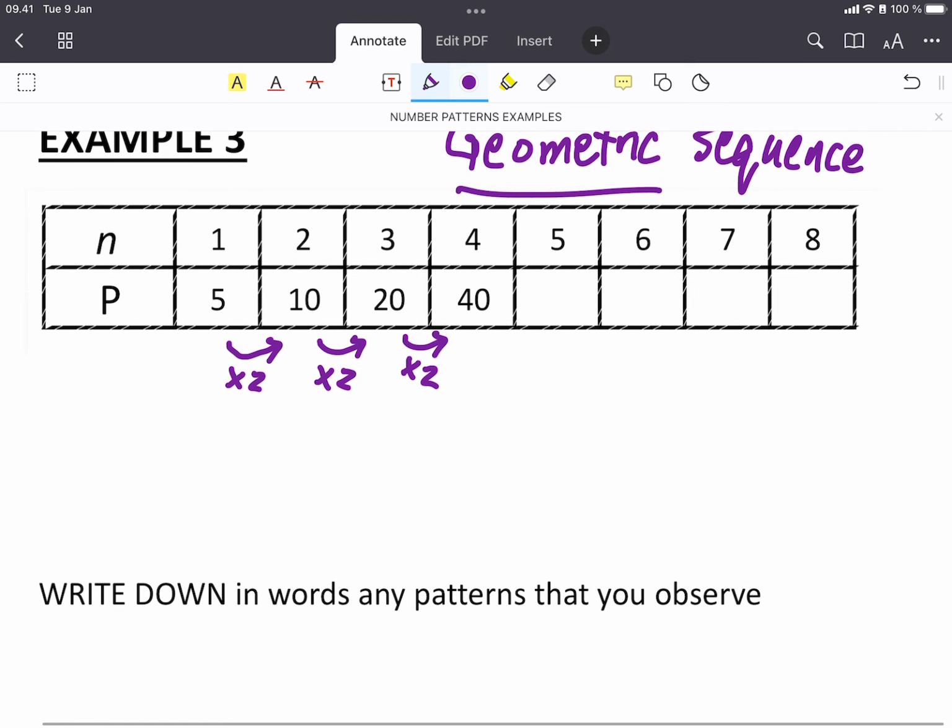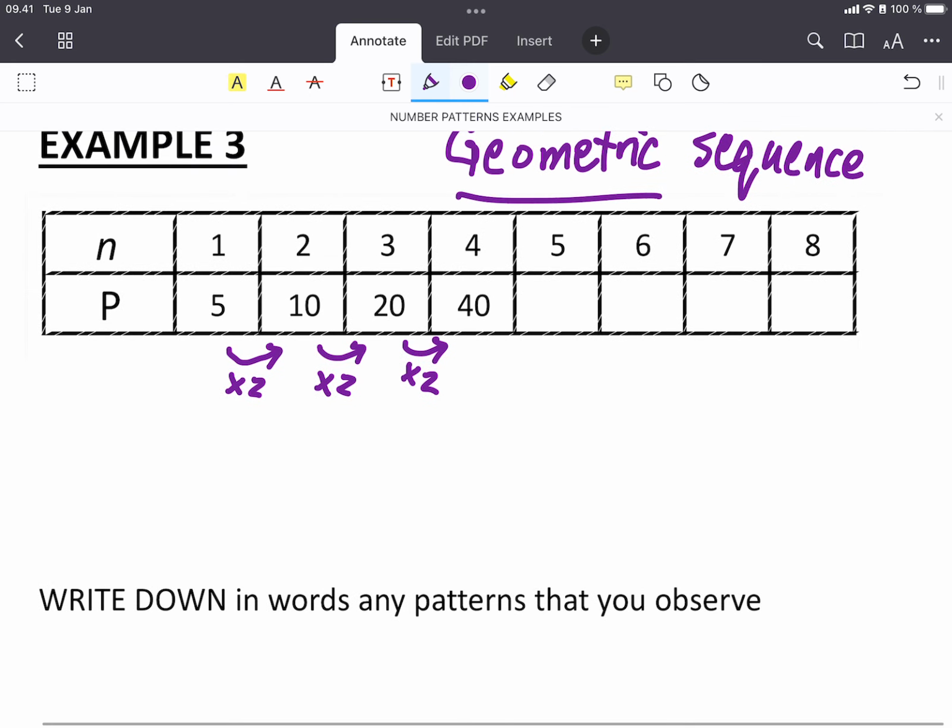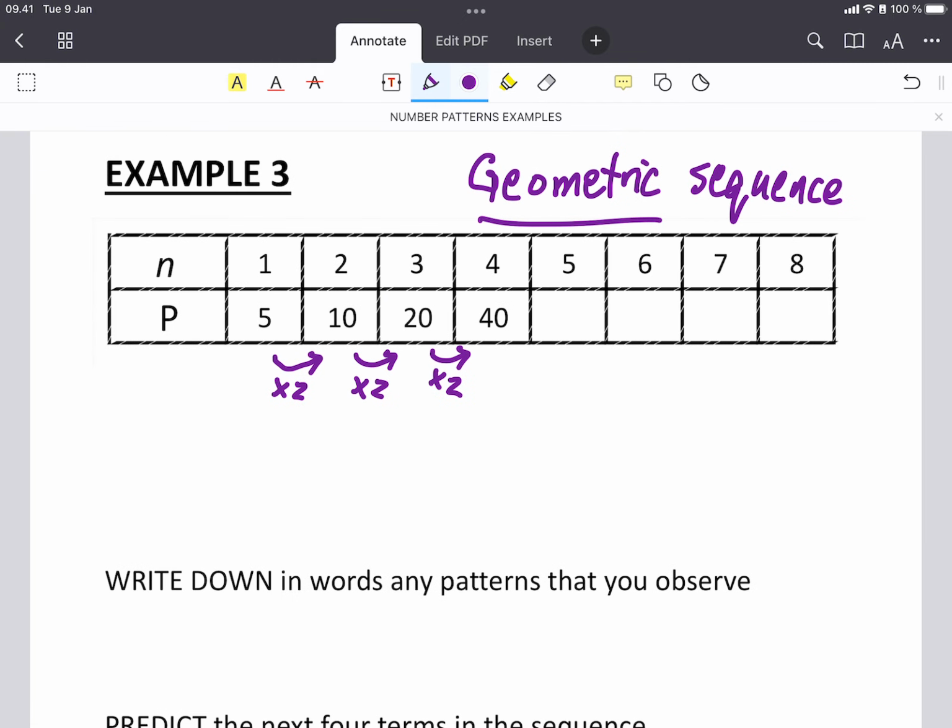So write down in words any patterns that you observe. Whether it's an arithmetic sequence or a geometric sequence or any of the kinds of sequence that we're going to see in subsequent videos in this series, the structure of the question tends to be pretty much the same. So you might get, write down in words any patterns that you observe.